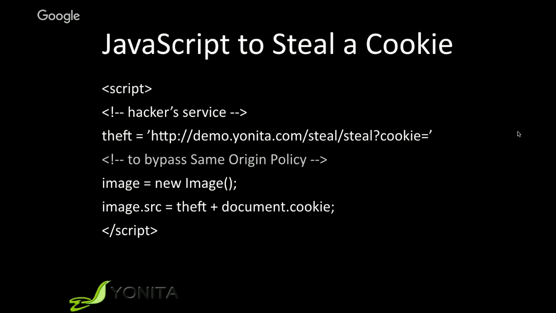So to bypass this browser policy, we cannot connect to this URL directly. The hacker needs to use this trick to load the URL as an image source, because images and scripts are allowed to be loaded from a different domain name, since for performance reasons they are often served from different contexts. So that's the only exception to the same origin policy: images and scripts.